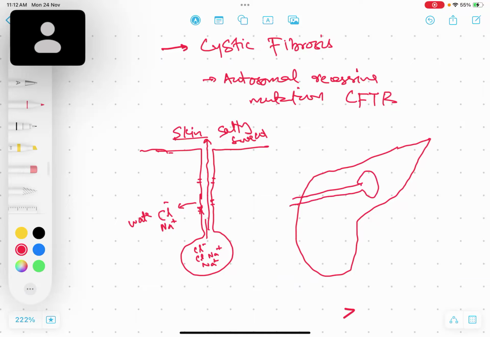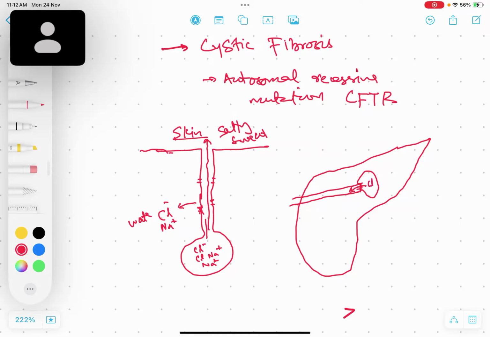We have these channels, for example, right over here, right? So these glands actively secrete chloride ions into these ducts in order to make this mucus smooth, okay?